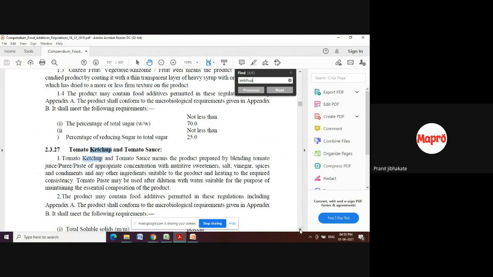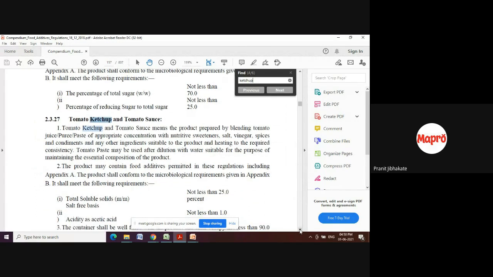Tomato ketchup and tomato sauce are prepared by blending tomato juice, puree, paste.